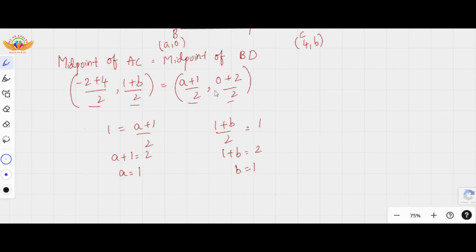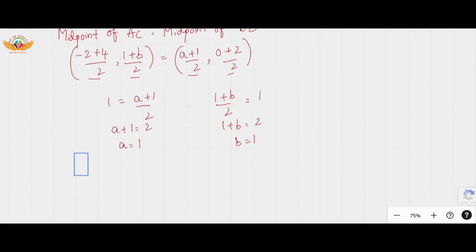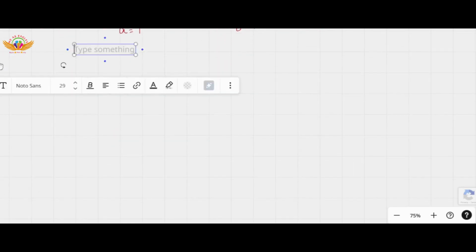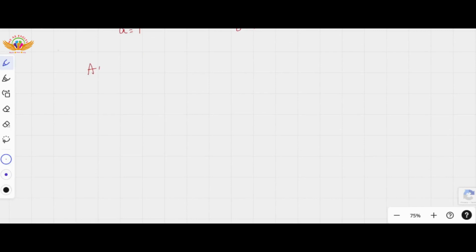And also they asked us to find the lengths, like what is AB, what is BC, what is CD and what is DA. Let us find out separately by using our distance formula. So what is AB? Before that, write down the coordinates of A and B to know x1, y1 and x2, y2.